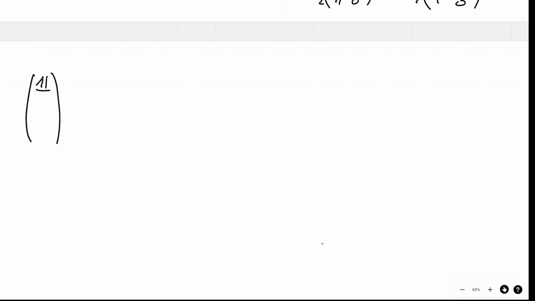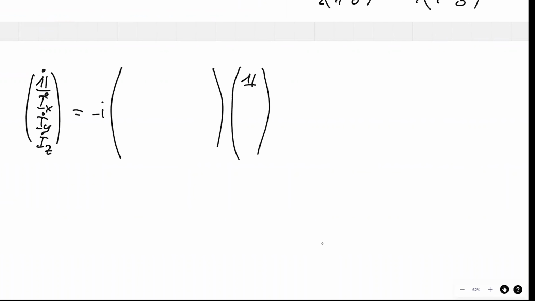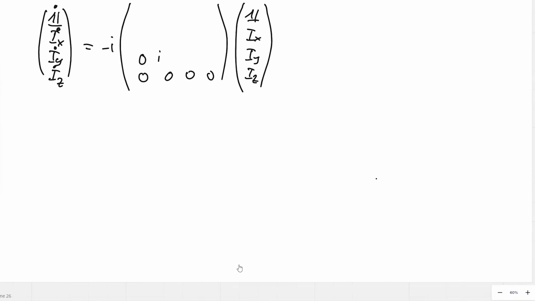I start with a 1, then Ix, Iy, Iz, and of course we have the time derivative, and we can take the minus I out, and so we have 1, Ix, Iy, Iz, and then we have 0, 0, 0, 0, 0, I omega I, 0, 0, 0, and then minus I omega I, 0, 0.